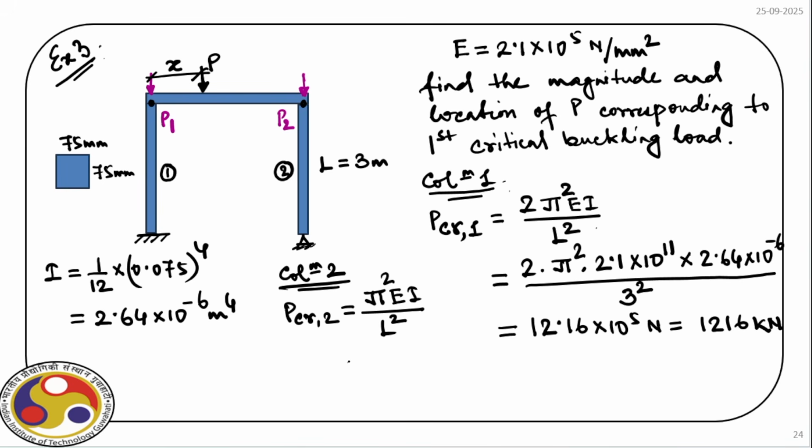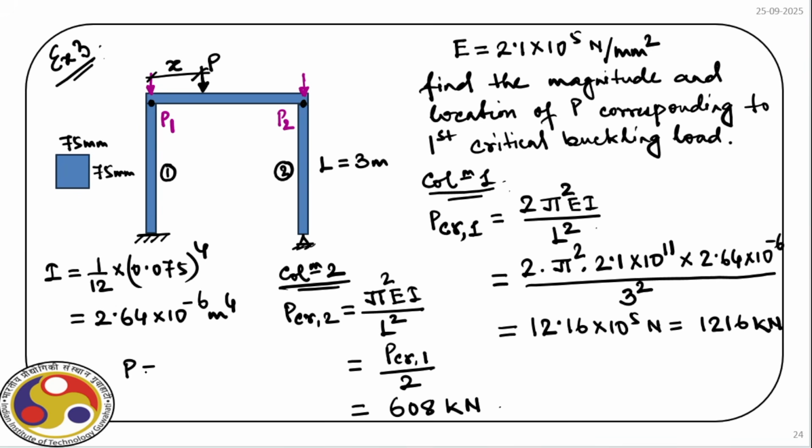That means this is equal to P critical 1 divided by 2. So if you evaluate that, you get 608 kilonewton. Now we can solve the first question.